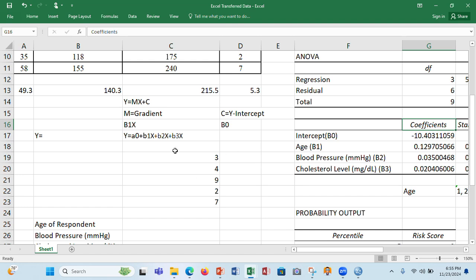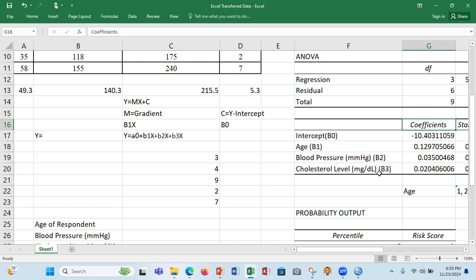So how did we do it? We use an equation of alpha naught plus beta 1 times x, where x is the specific age. Then beta 2 is the pressure, beta 2 times the pressure of the person, if we know it.